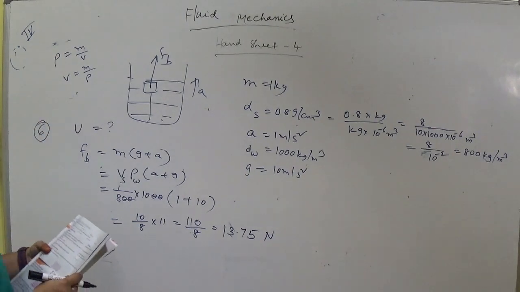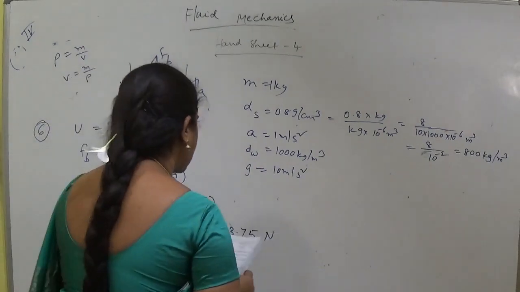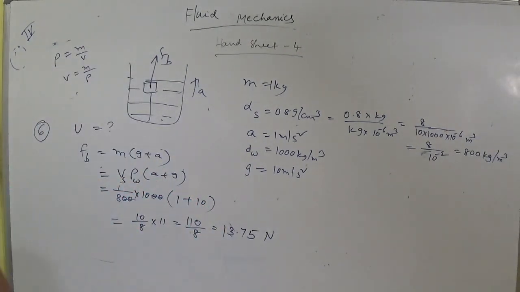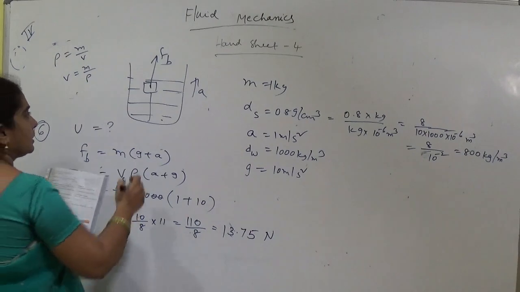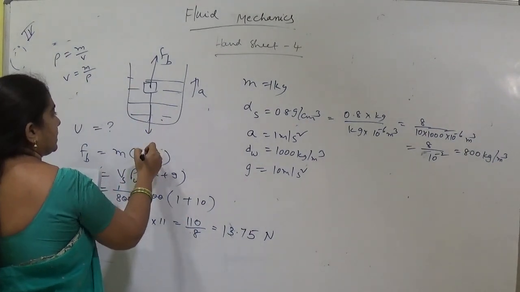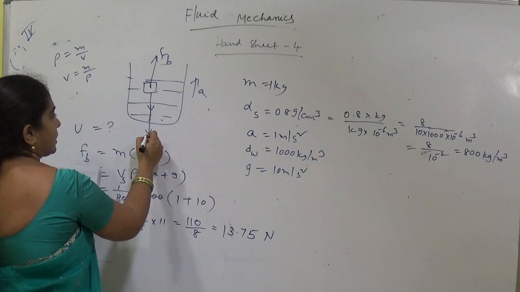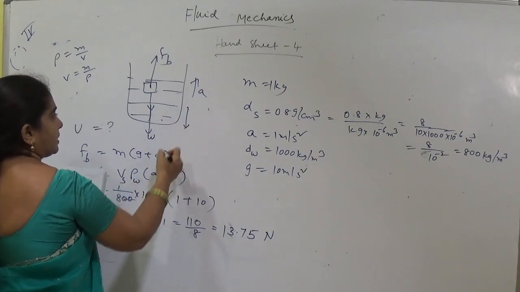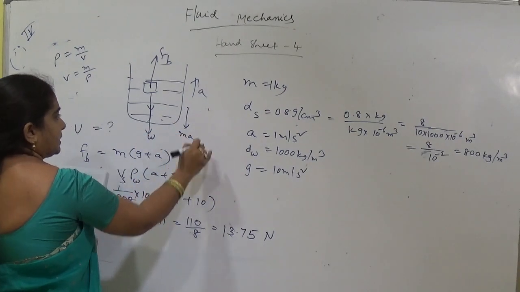Next, the 7th: the tension in the string. The tensional force is in this direction, the weight is in this direction, and MA is in this direction.